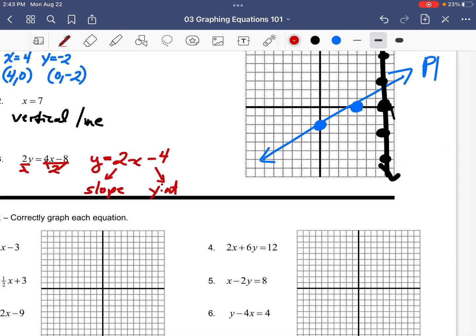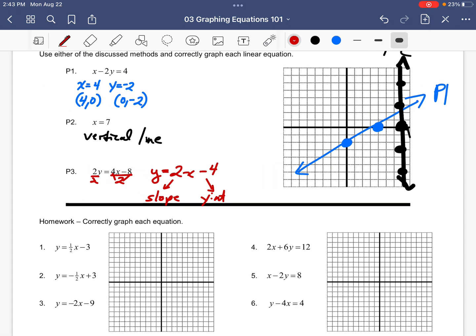Make sure you keep the negative sign as part of your y-intercept. So we're going to plot negative 4, y equals negative 4. And we're going to rise 2 and run 1. If you rise 2 and run 1, you start to move in this direction. So that is P3.